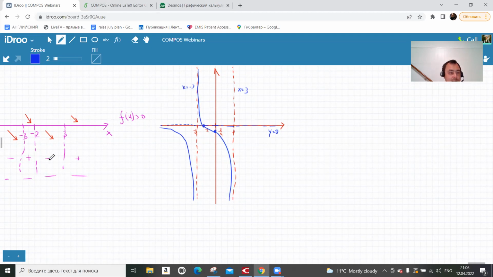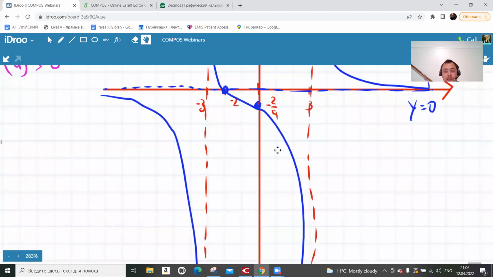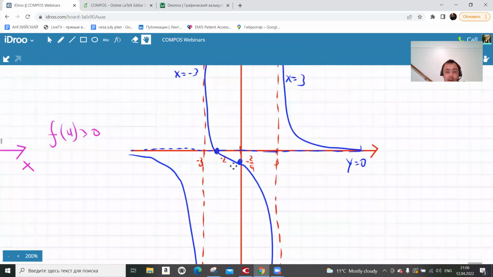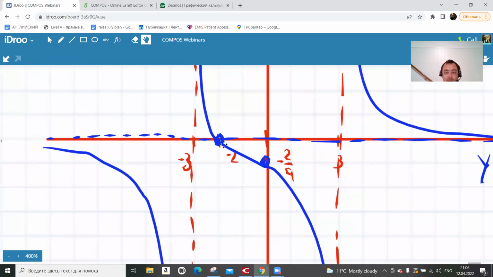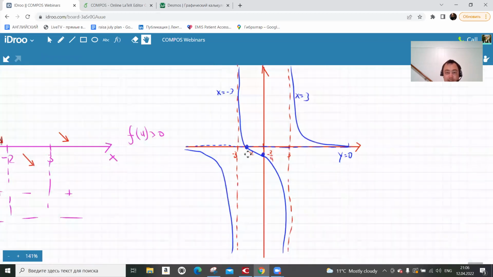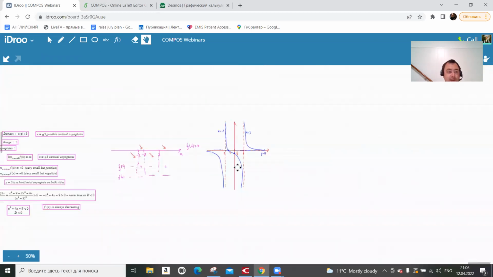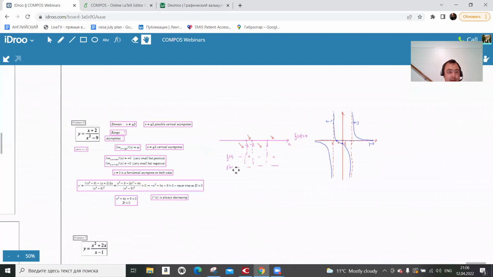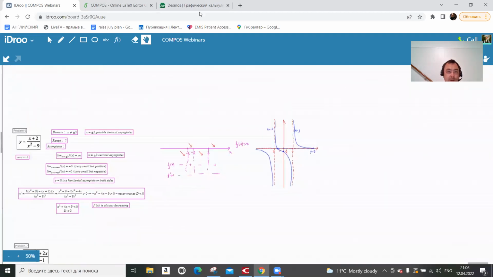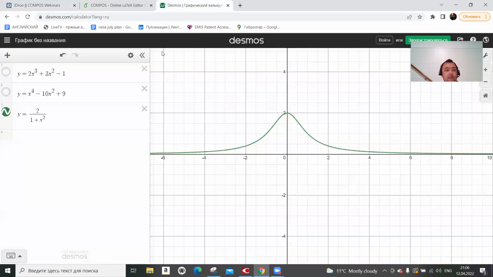And then it's positive and decreasing like this. Positive and decreasing. And the only thing that we skipped is the point of inflection. So I guess the point of inflection is somewhere between -2 and 0, somewhere here. And finally, we sketch the function using Desmos just to check ourselves. Always do that, please.